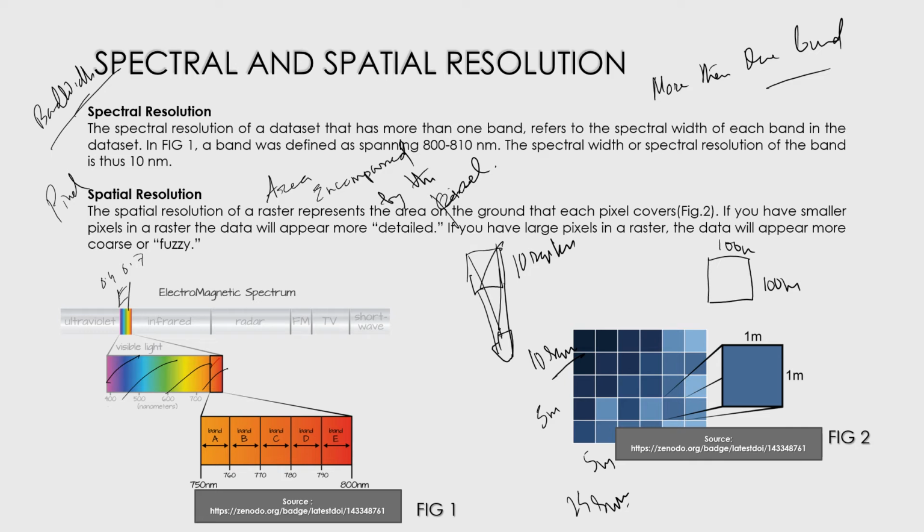So this is what the resolution is. With one band, high spectral resolution, and more area captured by a single pixel, a lower spatial resolution will be observed. So this is what we expect.